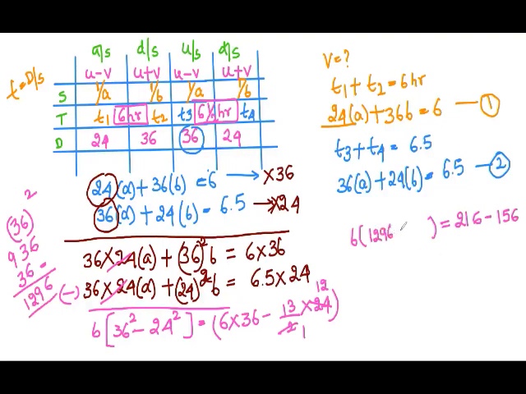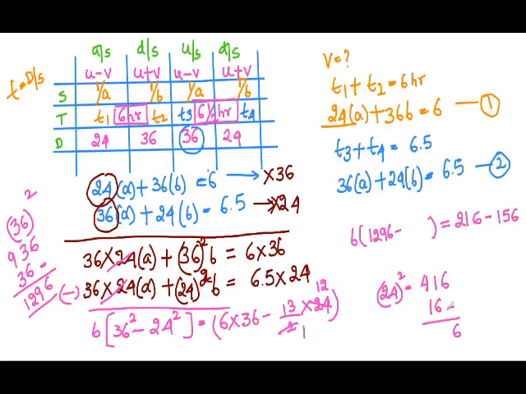Don't put extra time for this one. Even if you need to find 24 whole square, how to find it? Very easy. 2 square is 4, 4 square is 16. Then you leave the first space. Then 2 into 4 into 2: 4 twos are 8, 8 twos are 16.